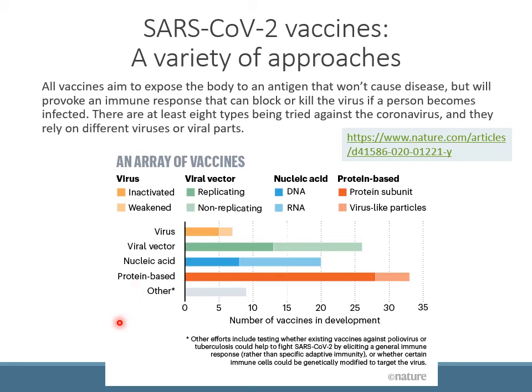There may be some new information, but most of it is still current. If we look at the types of vaccines being developed, those traditional types, inactivated or weakened virus, we see that there are less than 10 being developed, so that is the smallest category. Viral vector vaccines, we see a lot of groups working on viral vector vaccines.